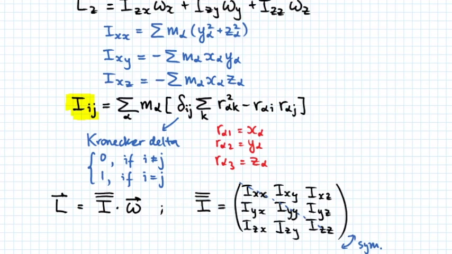Note that the moment of inertia is not just a matrix but a tensor, because the components of the elements of the moment of inertia get transformed each time we choose a different set of unit vectors, x hat, y hat, and z hat.